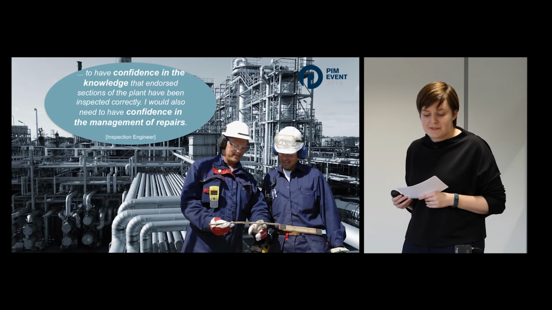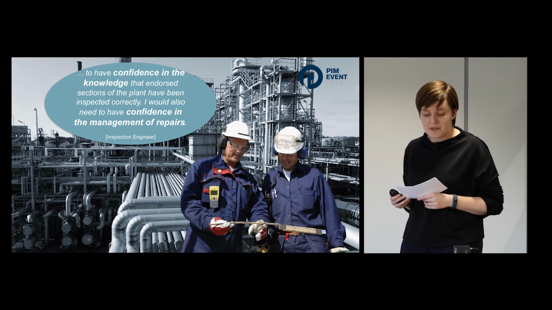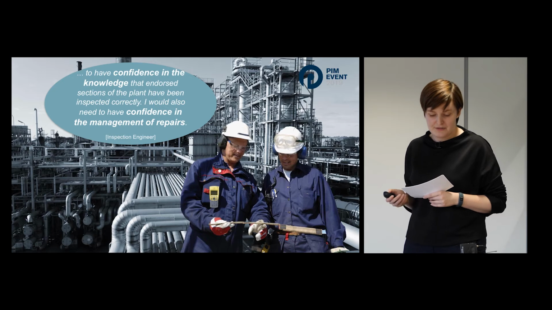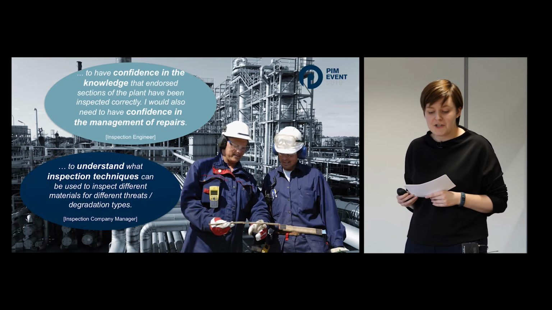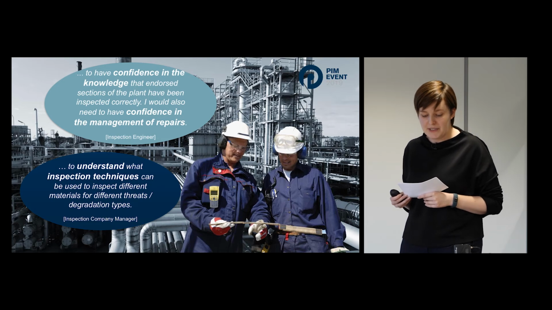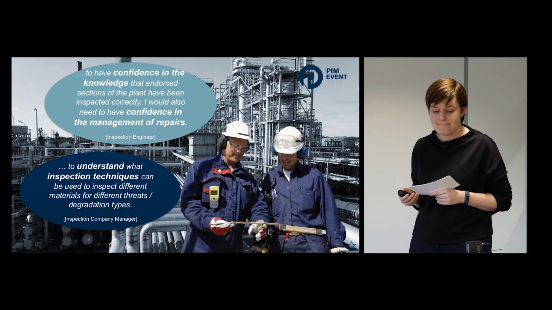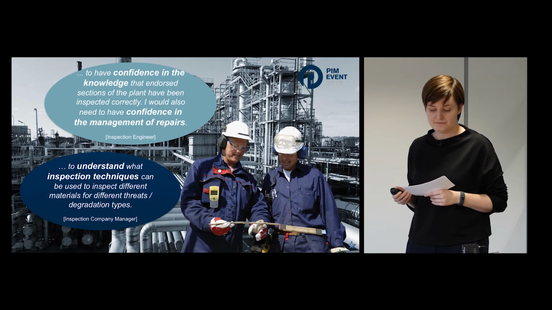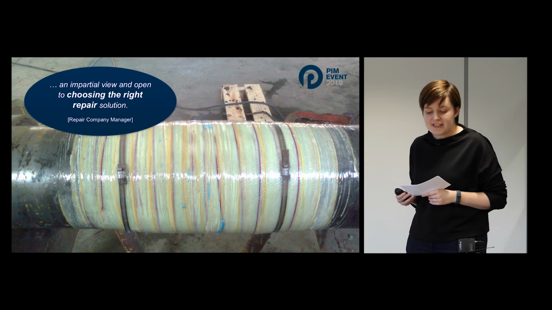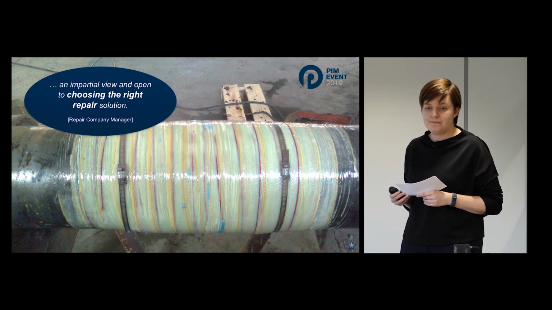Inspection engineer expects from integrity management to have a confidence that completed inspections were performed correctly and also to have confidence in the management of repairs. Inspection company manager, however, expects that integrity management understands limitations of available inspection techniques. Repair company manager expects that integrity management chooses the right repair solution for a given issue.